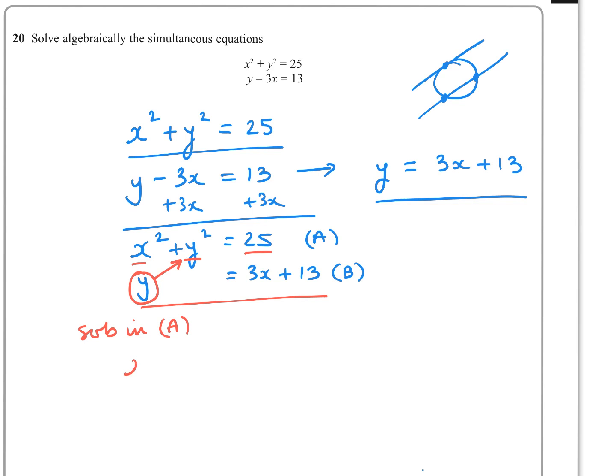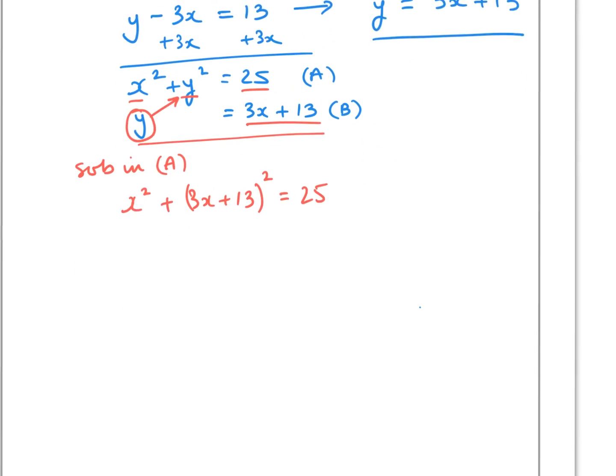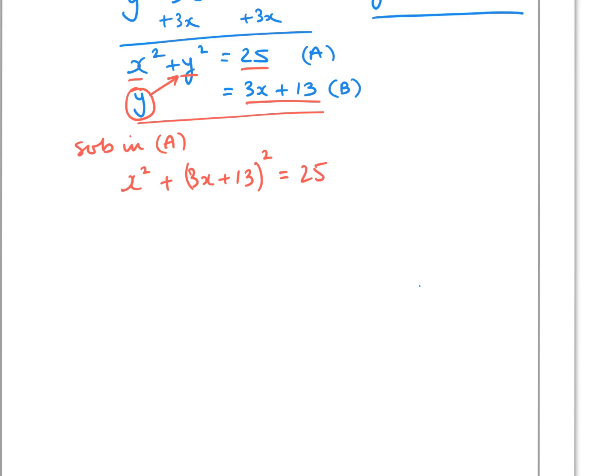So we'd have x squared plus 3x plus 13 all squared equals 25. Let's try and solve this equation.